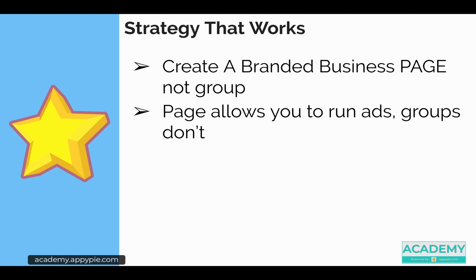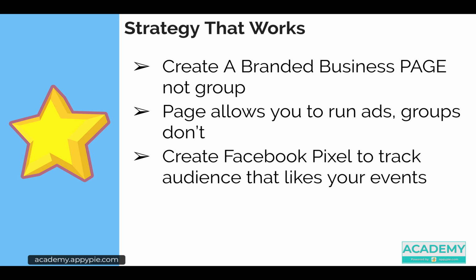When you create an update on a page, you'll reach a smaller percentage of people who like that page already than if it was a group, but you can run ads to that post, which is very important, which is the key to everything else, because what you're going to do right after is create something called the Facebook Pixel, which is basically a way to track your audience. So when you run an ad, you're going to be able to track which audience signed up for your event.